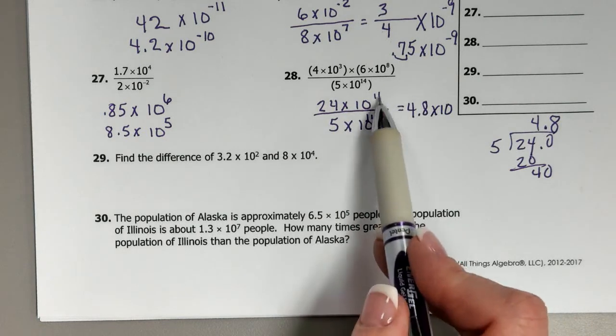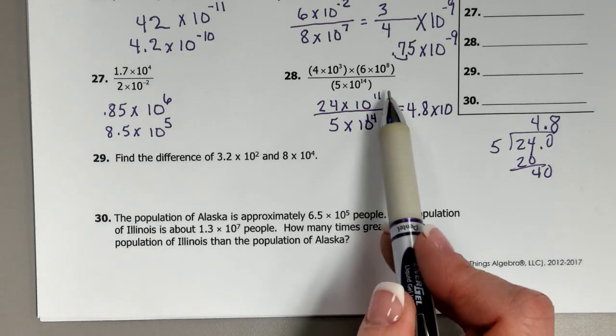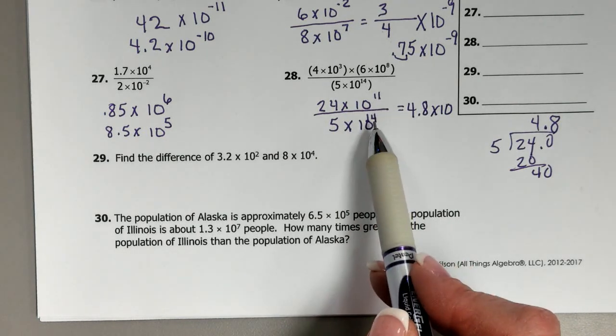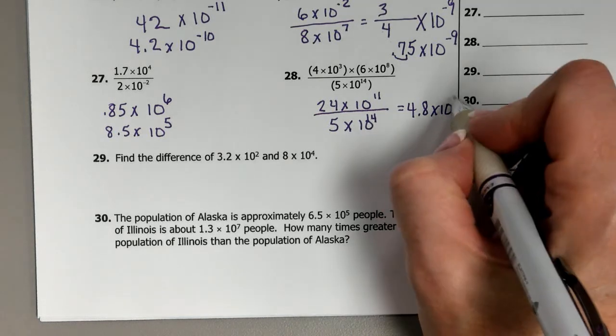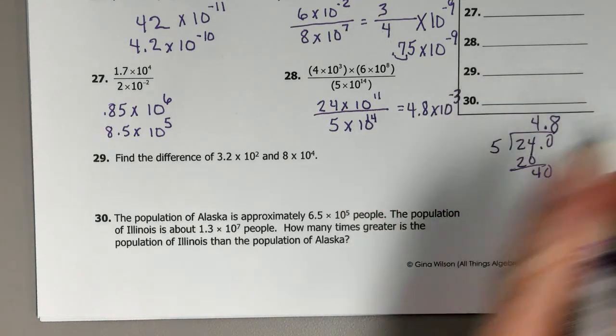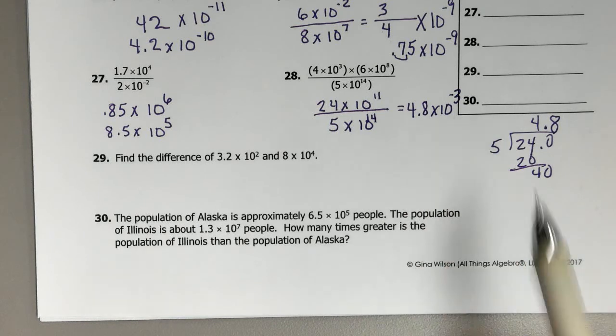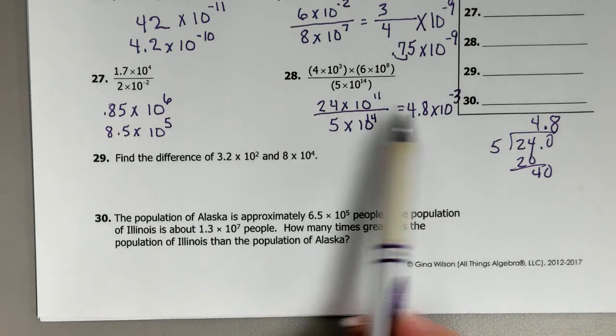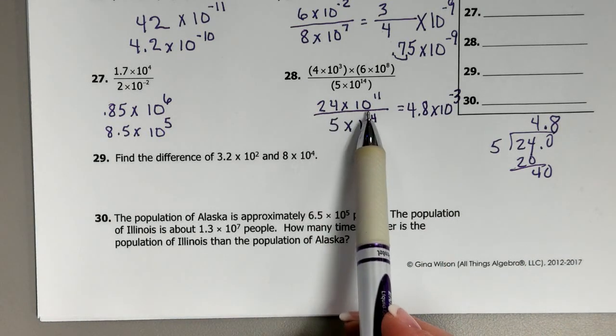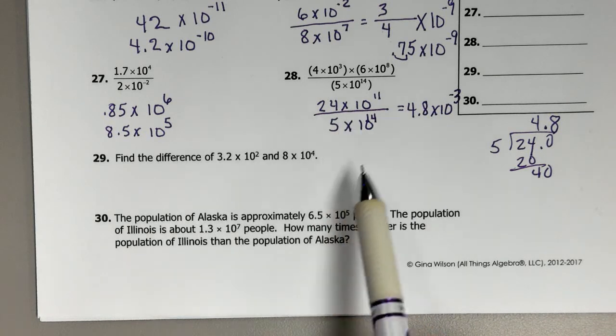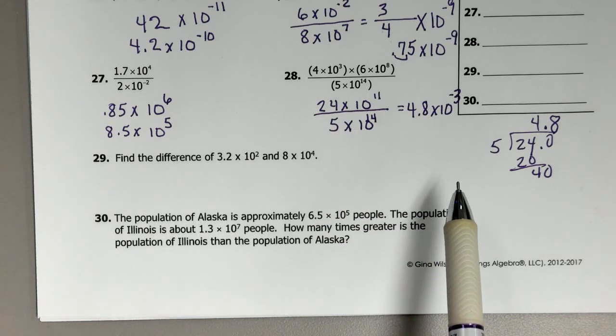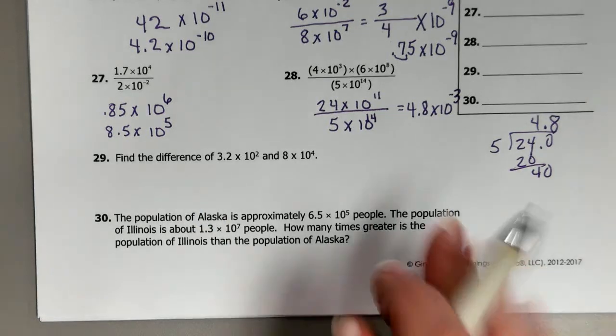And then what do we do about these? Subtract. And 11 minus 14 is negative 3. So 4.8 times 10 to the negative 3. So that's why we didn't worry about this 24 times 10 to the 11th not being in scientific notation. It'll work itself out. You don't worry about that until the very end. Okay, all right, we're almost there.